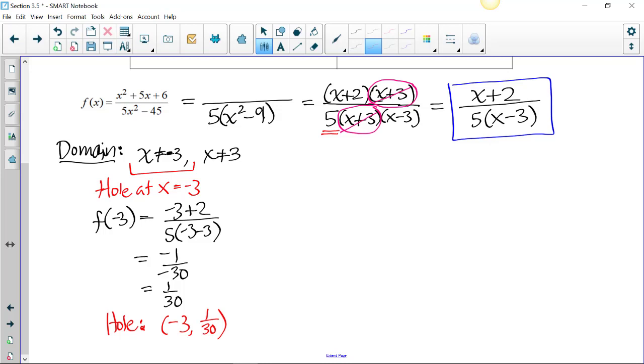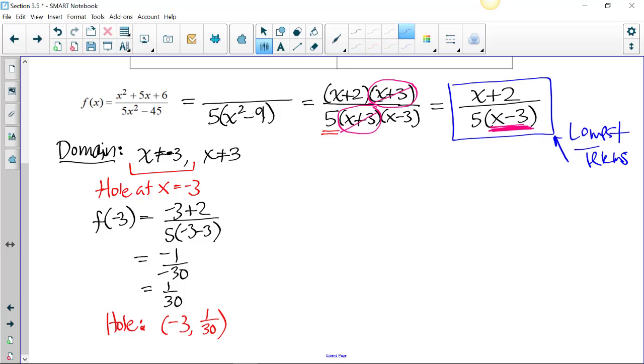Okay, now once there are no common factors, this is what the book says, lowest terms, no common factors, whatever makes the denominator 0 now results in a vertical asymptote. So look at my variable factor, which would be a 3, would make that 0.